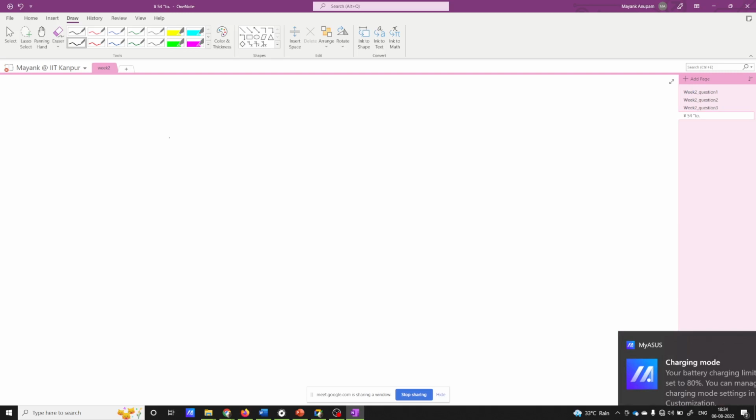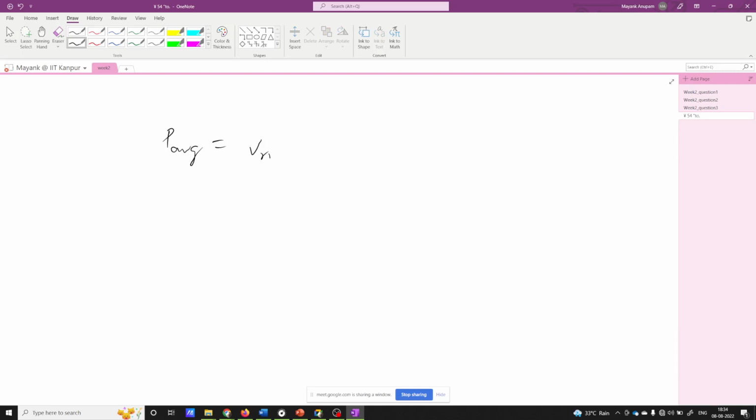Okay, so basically, average power is what? It is VRMS times IRMS, isn't it, times cos of theta V minus theta I, right? Now complex power is what? VRMS times IRMS conjugate.